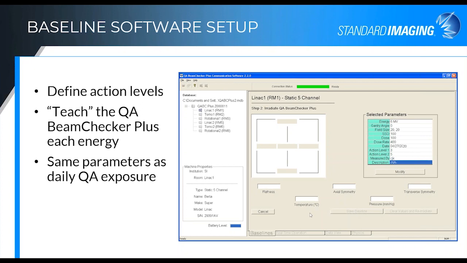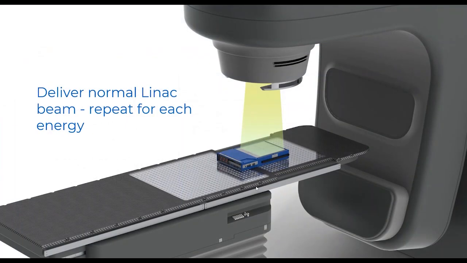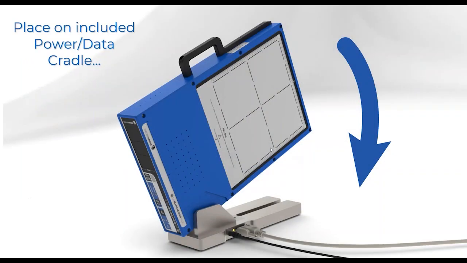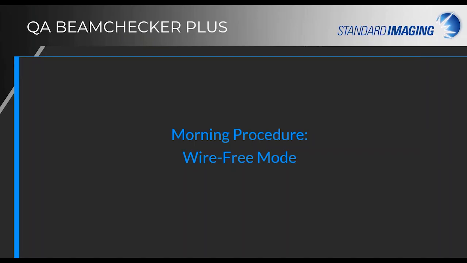And you would go through and do that for all of your beams that you would be delivering in one morning. You then place the device back onto the power data cradle, and most of our customers do this in the control room just because it's easier that way. And you're all set to go then for your daily QA in the morning.